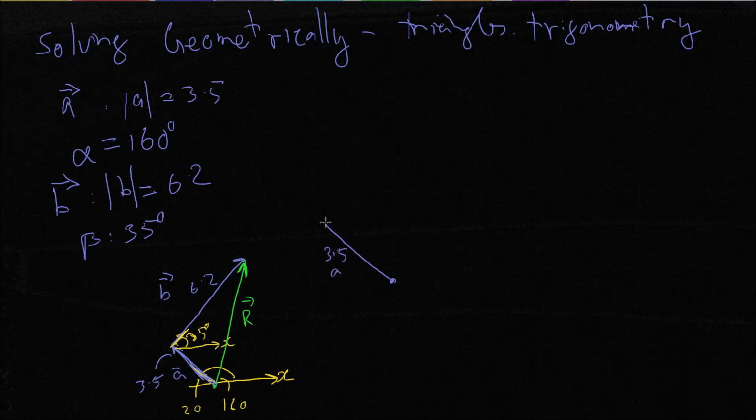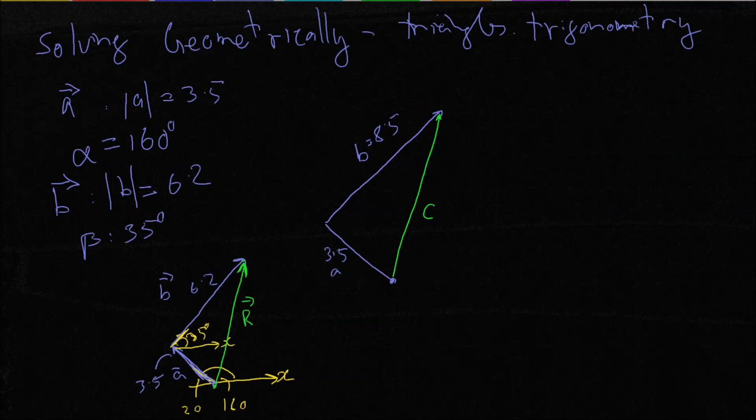That's our side A. We have our second side here, which is B, and that's 8.5. And we have our third side, which is actually our resultant, and we'll call that C, and that is what we have to find.